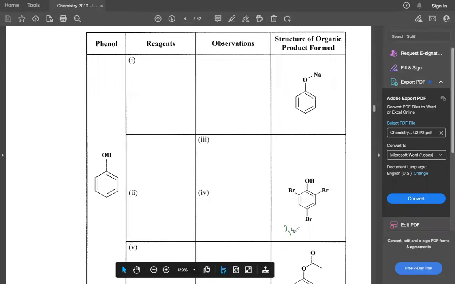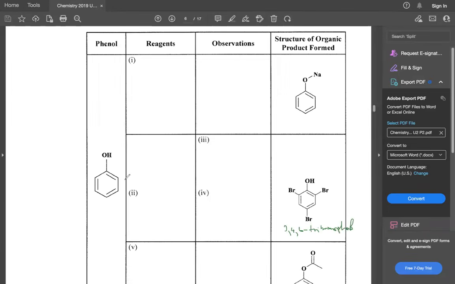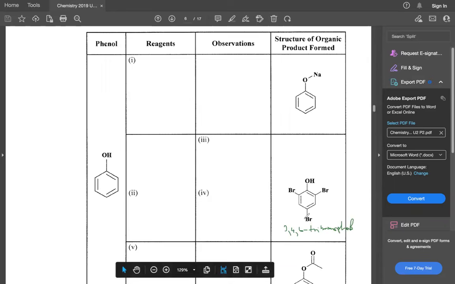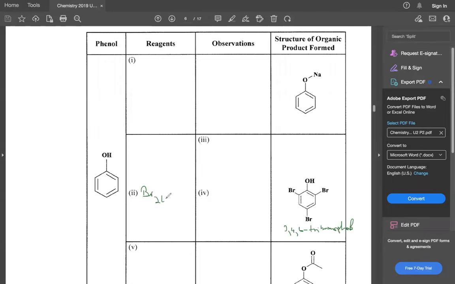So we have 2, 4, 6-tribromophenol. In order for this conversion to take place, we're going to need bromine solution. So we need Br2 aqueous.